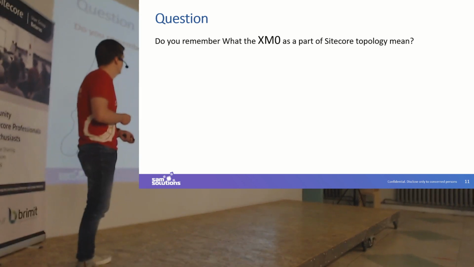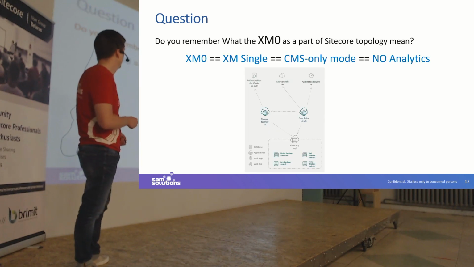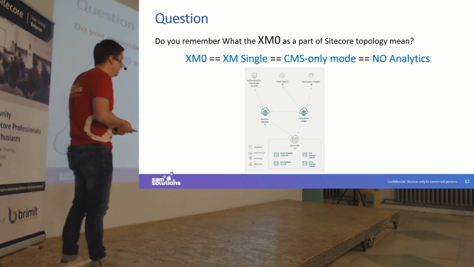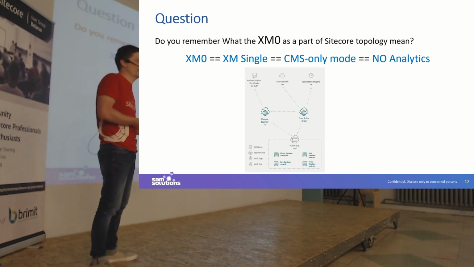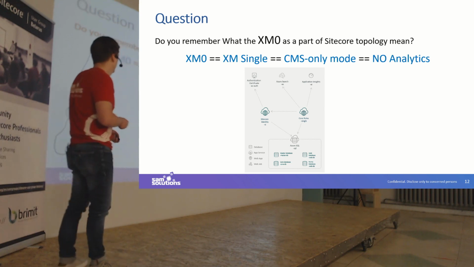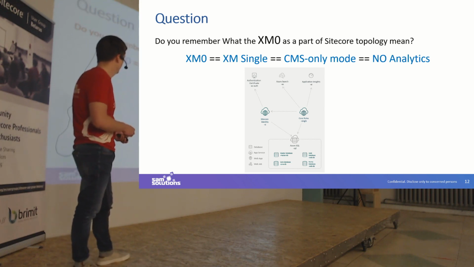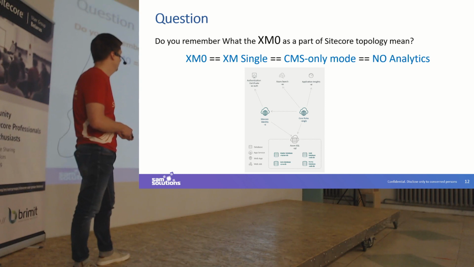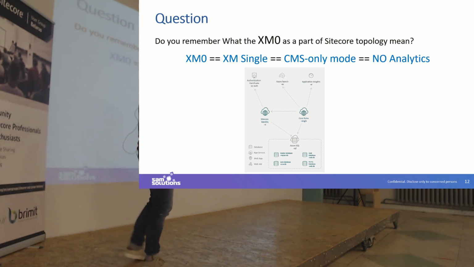Experience Manager, and this means we will have a single instance. This equals CMS-only mode, and we don't have any analytics modules. Why did I choose that? This process will be a bit quicker. I don't know if you can see it, this is just a screenshot here. If we do not need analytics, we have, for example, 4 databases in SQL Server.